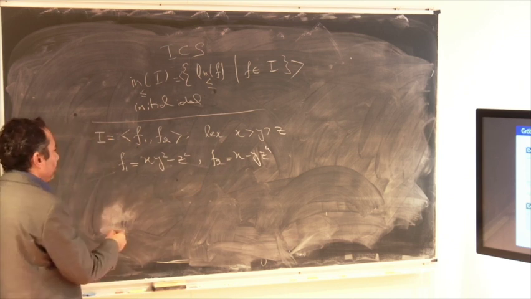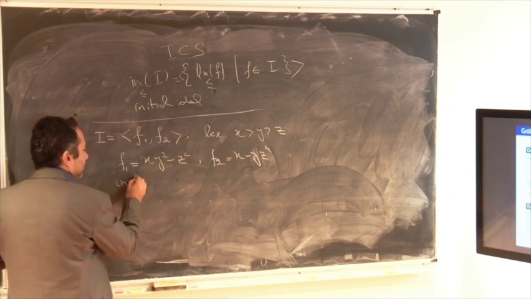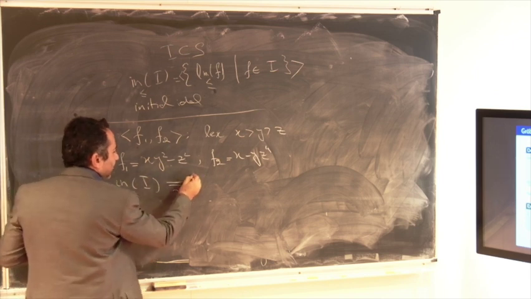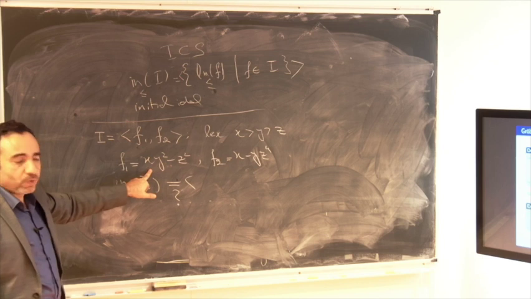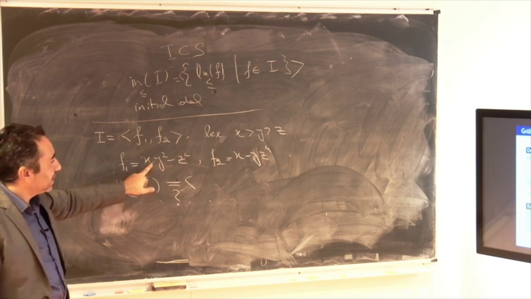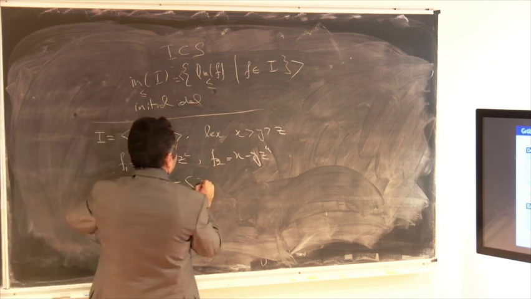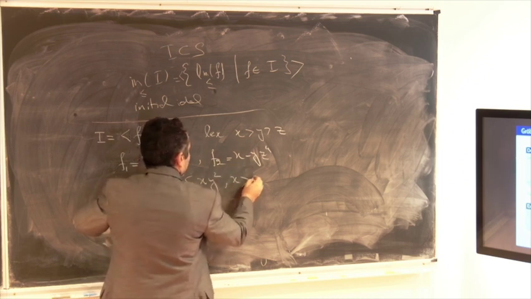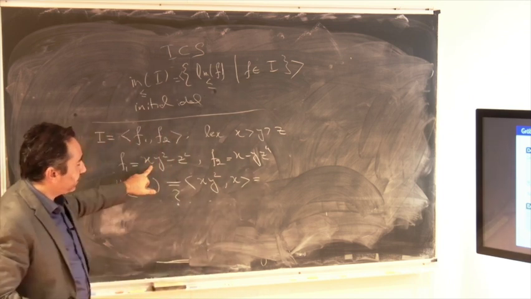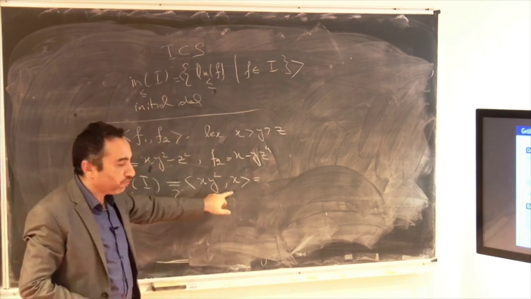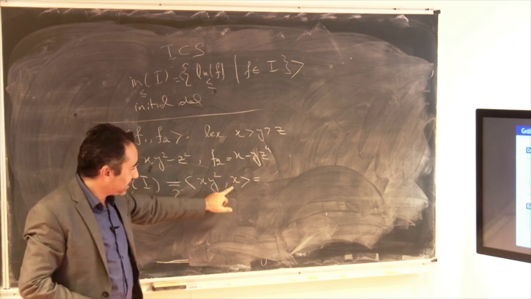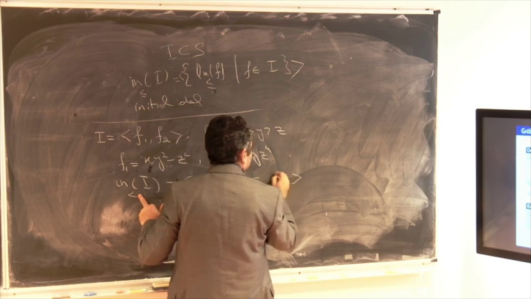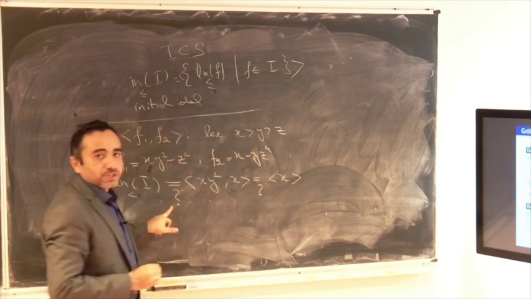Is it true that the initial ideal is generated by the leading monomials of the generators only? F1 has leading monomial x y squared, and F2 has leading monomial x. We always write a minimal set of generators, and since x divides x y squared, the initial ideal in this case would be x, if our calculations are right.